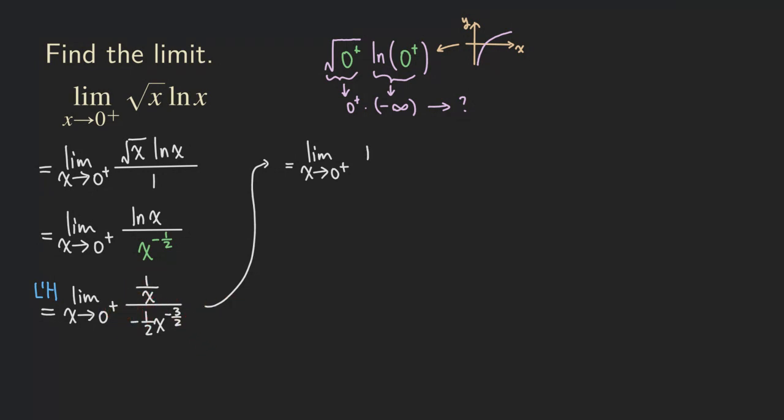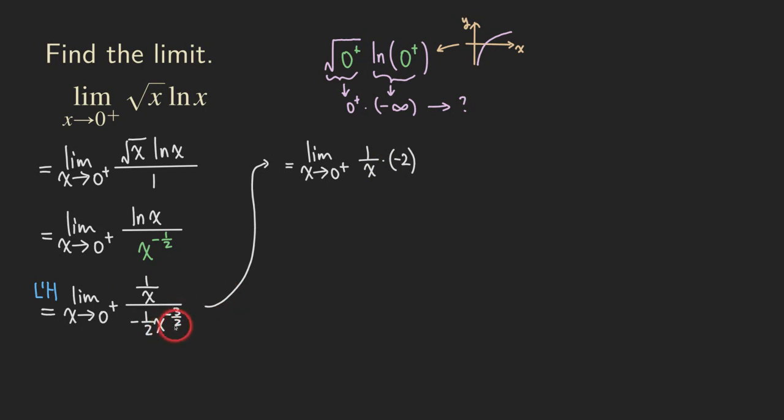Then we are going to get 1 over x, right, like this. And then what about this negative 1 over 2? This negative 1 over 2 is in the denominator. You can actually move it to the numerator, and then you are taking its reciprocal, which will turn out to be negative 2.